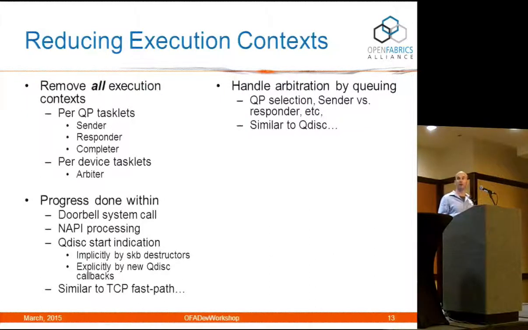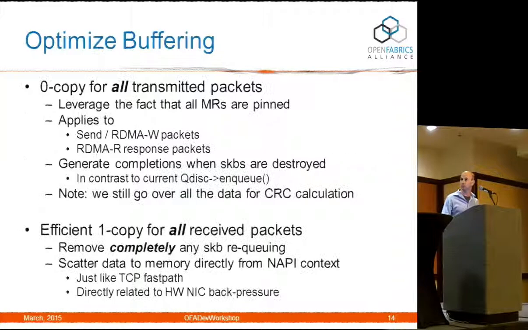The progress will be done either from the doorbell system call or by NAPI, or whenever the QDisc indicates that it can accept more packets, which is either the SKB destructor or by adding a new infrastructure to Linux, for example, where you can register handlers on a QDisc that say, call me when you're free to get more packets. I've talked about arbitration already, so we can skip that.